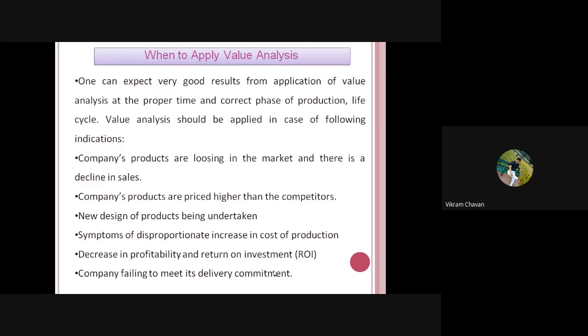But now you can see more fiber material is used in manufacturing these types of bikes. So you have to evaluate the design of the product every time, and you have to reduce the cost at every stage.